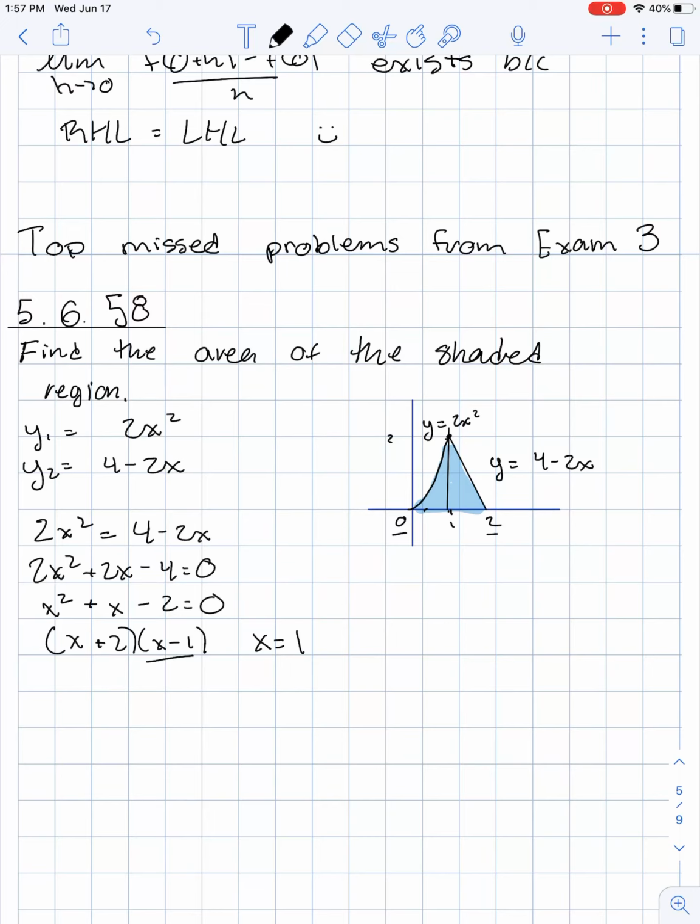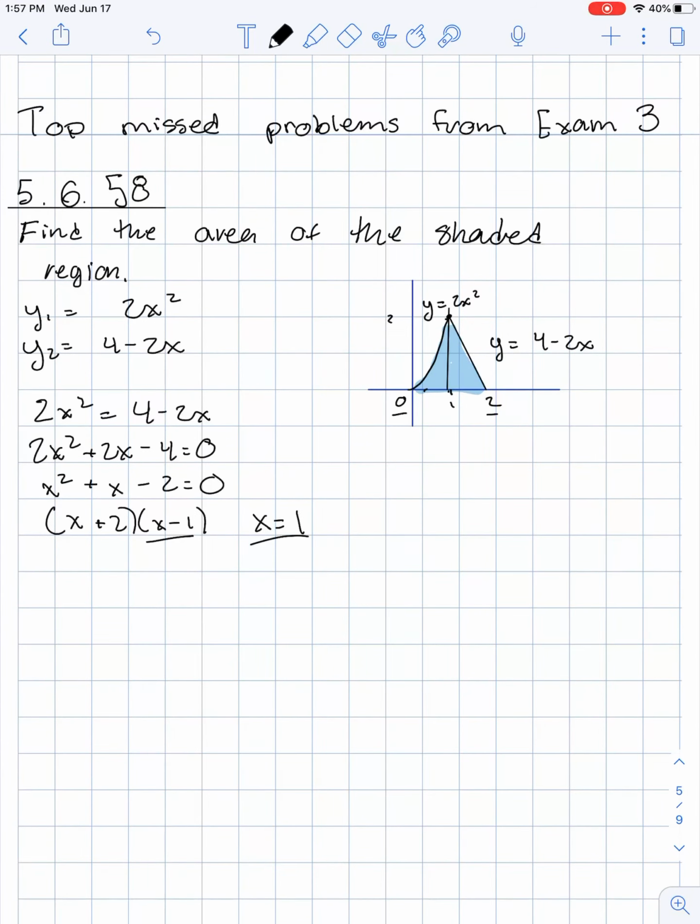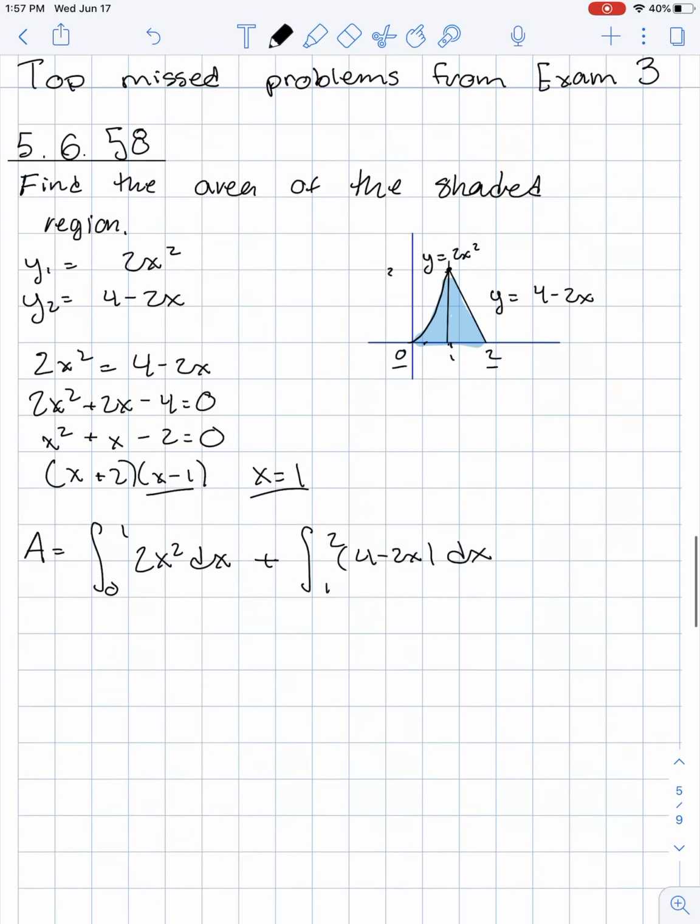Those two graphs hit at x equals 1, and there's no point where one's on top of the other. I'm not trying to find the area right here. That's not it. So I'm going to have my area equal to the integral from 0 to 1 of 2x squared dx plus the integral from 1 to 2 of 4 minus 2x dx. So not the area between the curves that you might have expected.